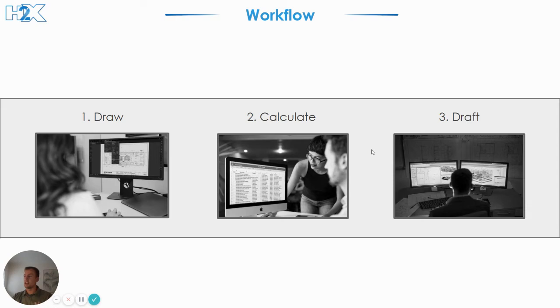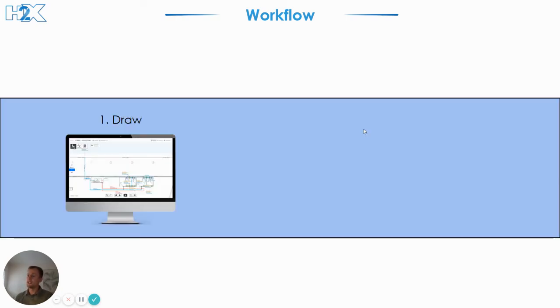But the good news is that H2X has been specifically tailored to replace this workflow and all the inefficiencies that you're most likely familiar with. So in the H2X workflow, step number one stays the same. You still need to draw out your layout of the system. The key difference is you do it in our software because we've got smarts built into it.